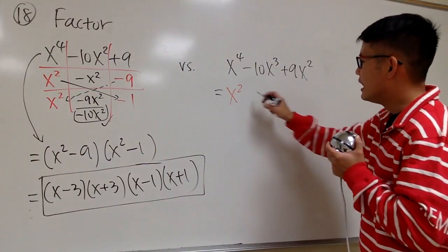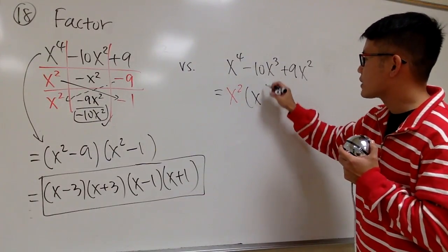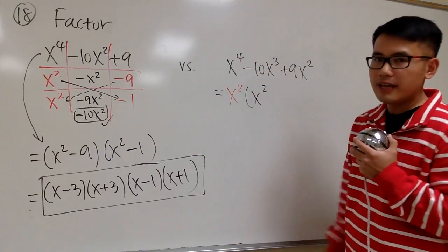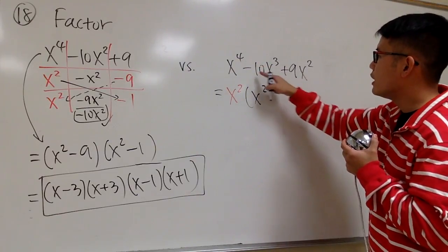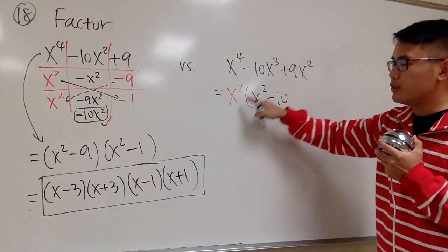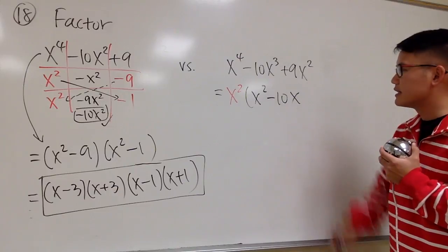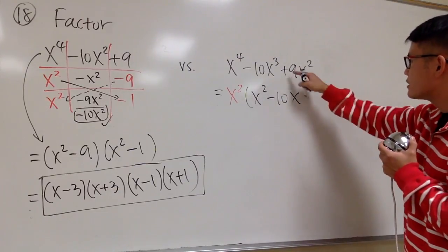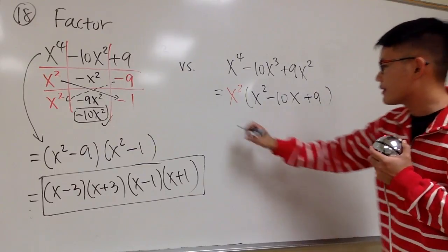And then the leftovers are x squared because originally it has 4. We took out 2, right? And for the middle part, we have minus 10. This was x to the 3rd power, but then we took out 2 of them, so we have x. And then for this one, the x squared was out already, so we have a plus 9.